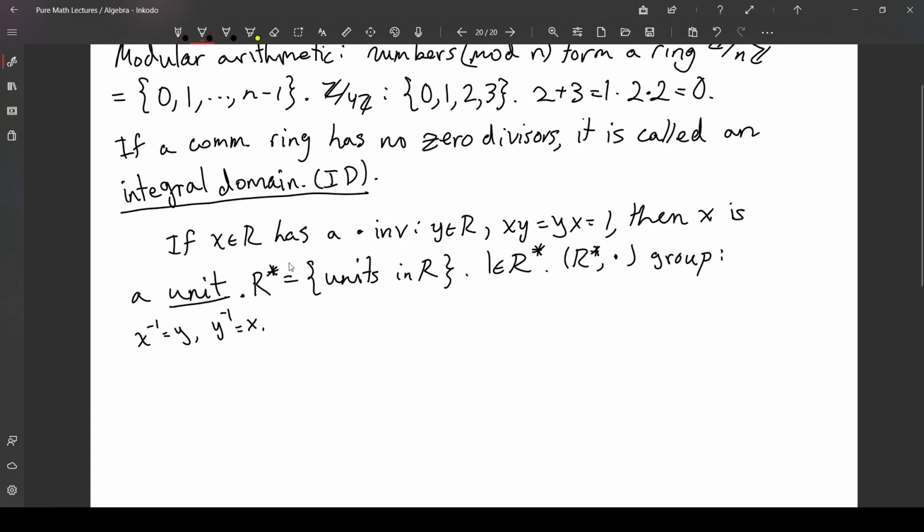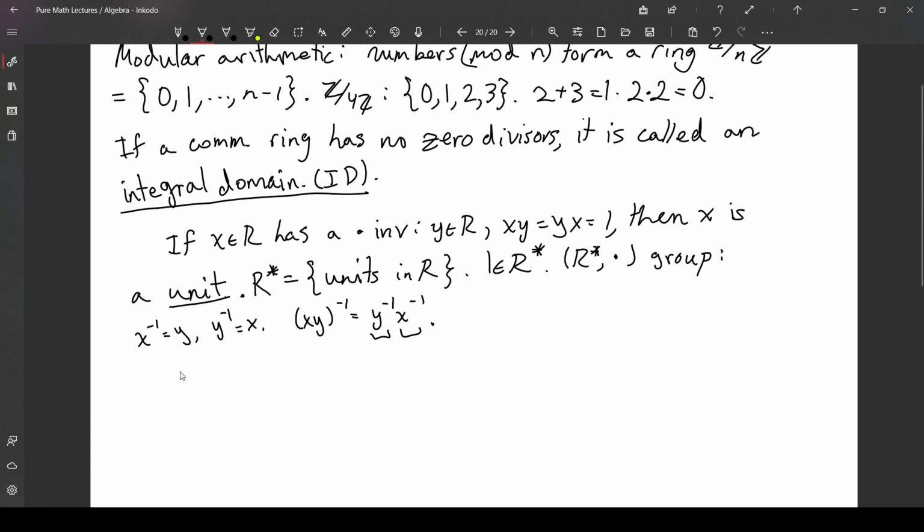So R star is closed. It has inverses. It has the identity, as we just said. So we have to check it's closed under multiplication. And that is true because the inverse of a product xy can be expressed as y inverse times x inverse. Both of these exist, right? These are elements in R, so we can multiply them. And so the product of two invertible elements is invertible. Or the product of two units is a unit.